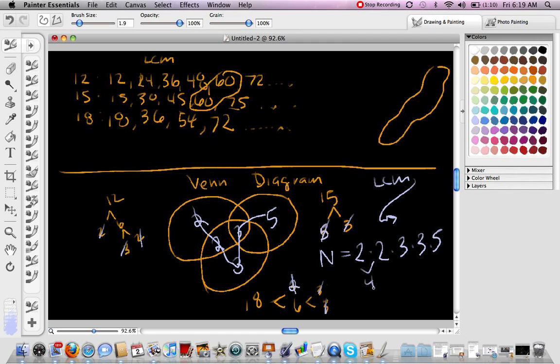So let's see, we have 4 times 9 times 5. We have 36 times 5. We have 180. So n is equal to 180. The lowest common multiple is equal to 180.